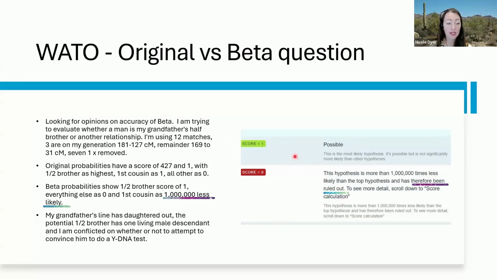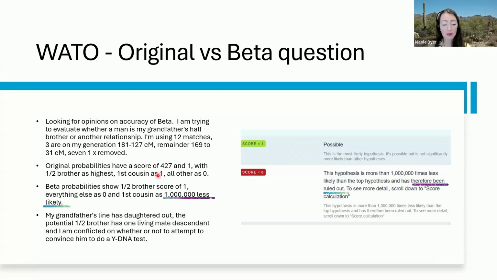So now the only one that's possible is the half-brother score. What this is telling us is that it's so much more likely to be a half-brother than the first cousin that we don't need to even consider this first cousin relationship as being possible. The original probabilities also gave us the same answer, with the 427 score being so much more likely for the half-brother and the first cousin being 1 as being possible.